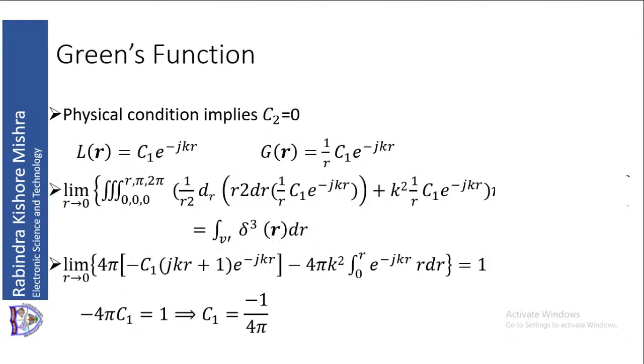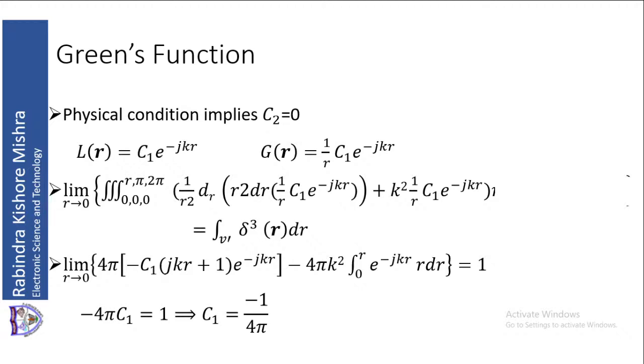In the second term, when we put the limit r goes to 0, the integration from 0 to r of exponential minus jkr r dr goes to 0. So that is 0 immediately. Then in the first term, the part jkr goes to 0 as you put r equal to 0.